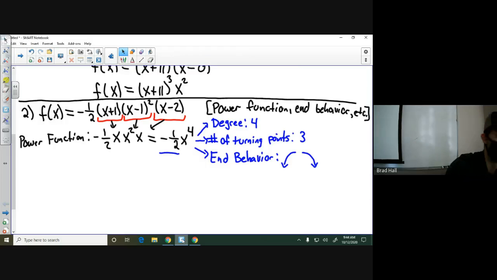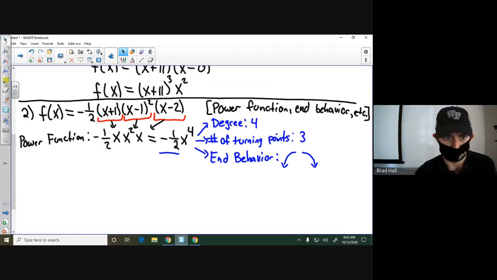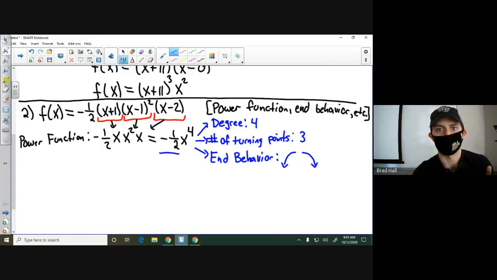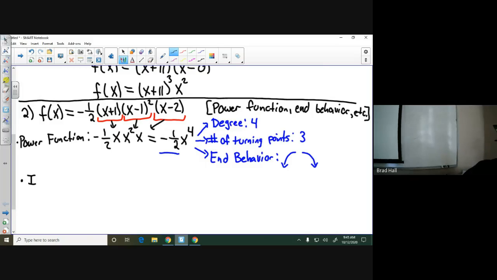So far, we have answered, let's see. We need the power function, the end behavior, we got those 2. We need the intercepts next. And the intercepts will help us find some points on the graph that we can physically plot. So that's the power function. Let's move on to the intercepts.